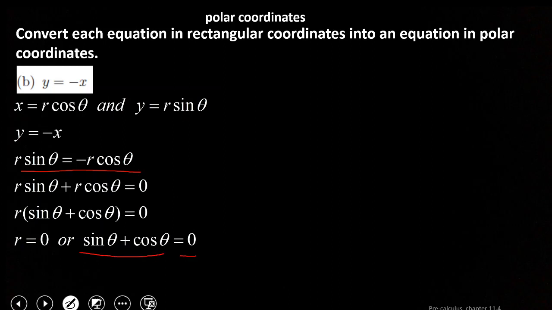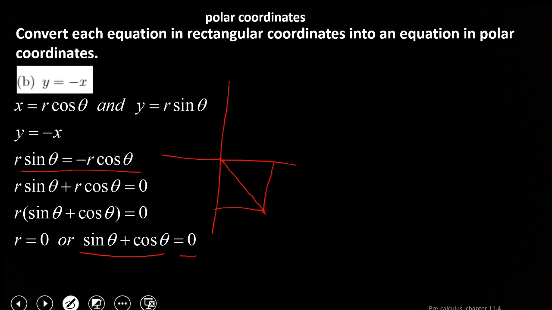Previously we talked about how to solve equations like this. Basically we have to find an angle such that sine of that angle plus cosine of that angle equals 0. And we know what that angle is. That angle is right here, negative pi over 4, because cosine and sine of these two angles are exactly the same except they have opposite sign.